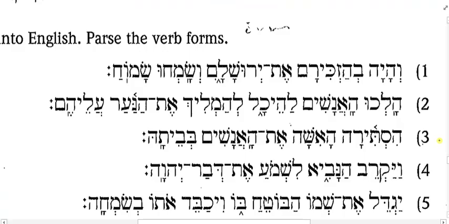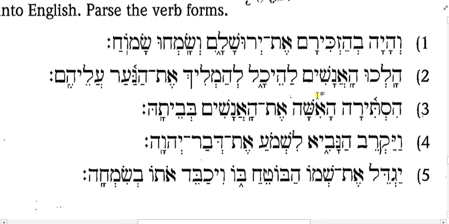Alrighty, so for the Ross chapter homework from 30, we have these translation exercises. Which ones would you like to look at together? All right, so let's recite number 5 together. Ready?